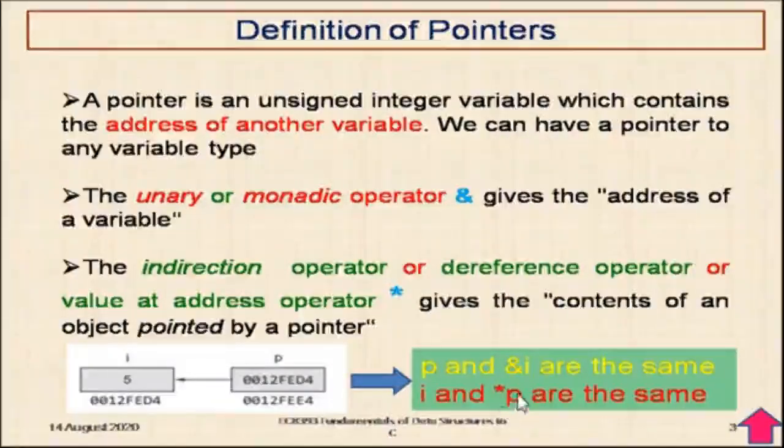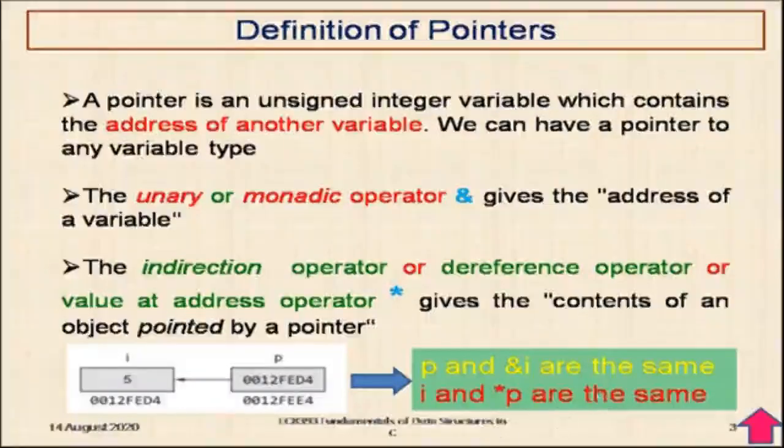Star P. In the pointer variable P, the address is available. Star followed by the address. Star followed by the pointer variable will get us the data available at the address in the pointer variable. So star P will get us the value 5. Hope you are able to understand, right?